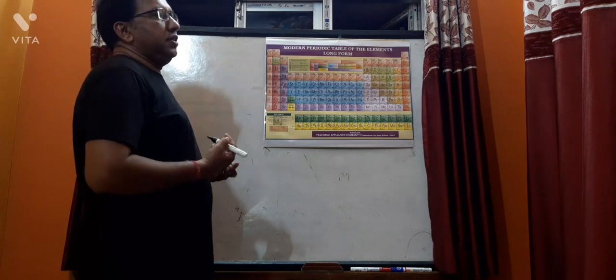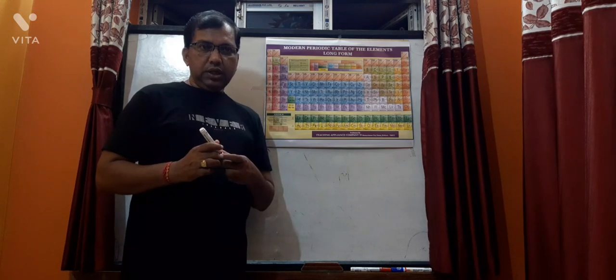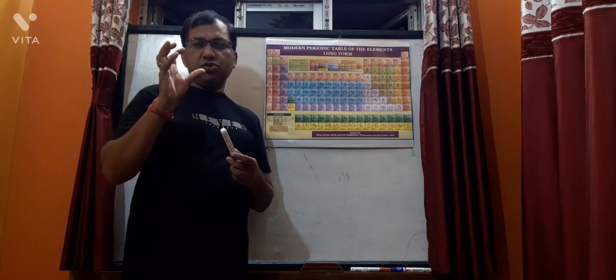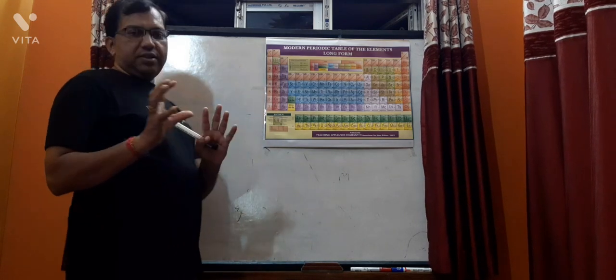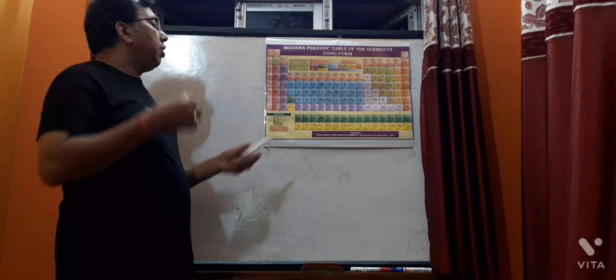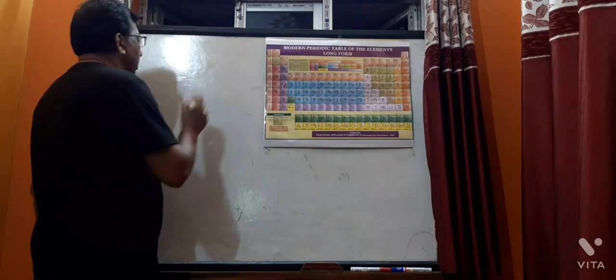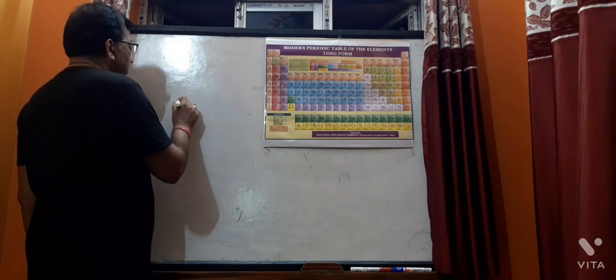Yesterday I told you about s block, p block, d block elements and how to find out the position of an element in the periodic table. This is just a revision class. Suppose, let's see nitrogen.